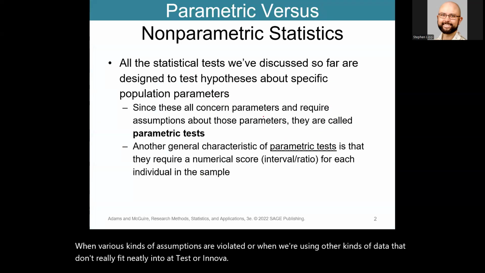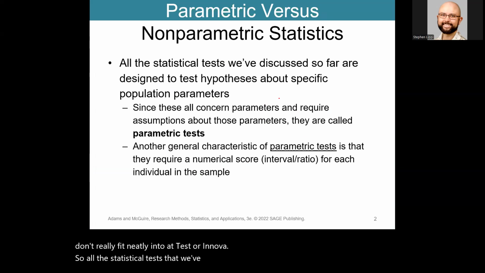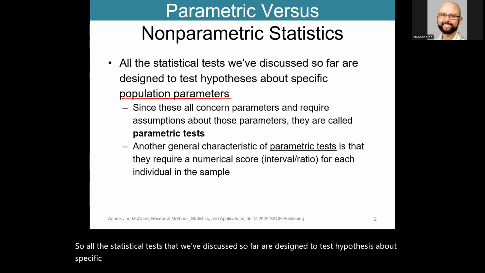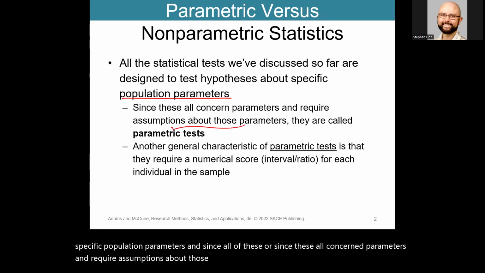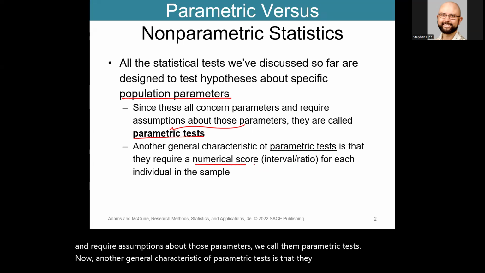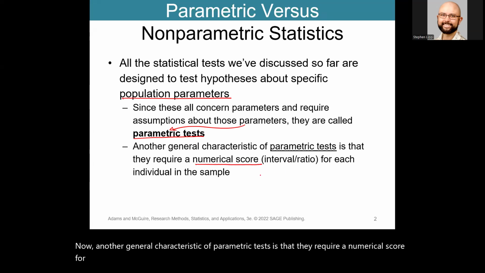So all the statistical tests that we've discussed so far are designed to test hypotheses about specific population parameters. Since these all concern parameters and require assumptions about those parameters, we call them parametric tests. Another general characteristic of parametric tests is that they require a numerical score for each individual in the sample.